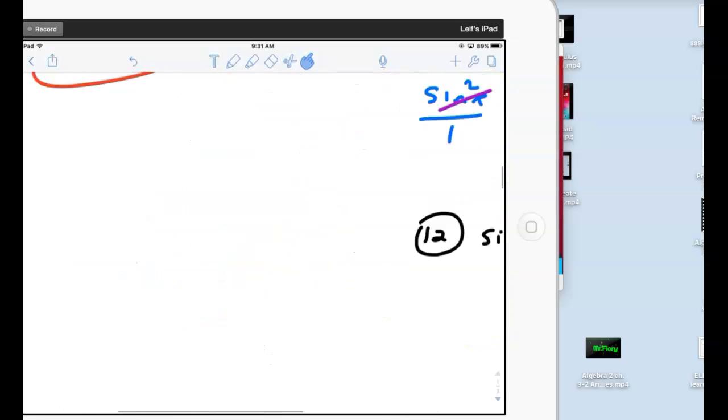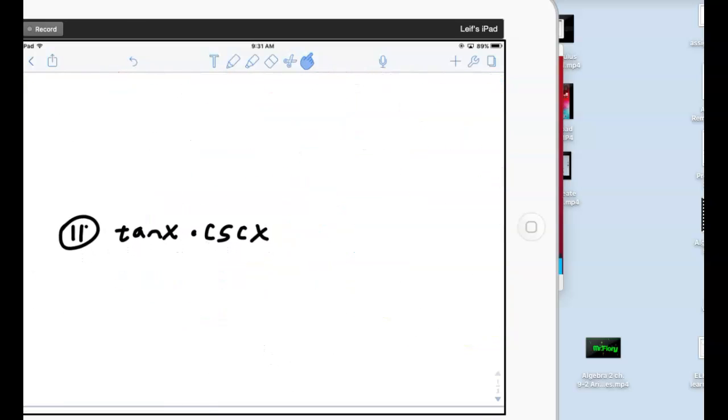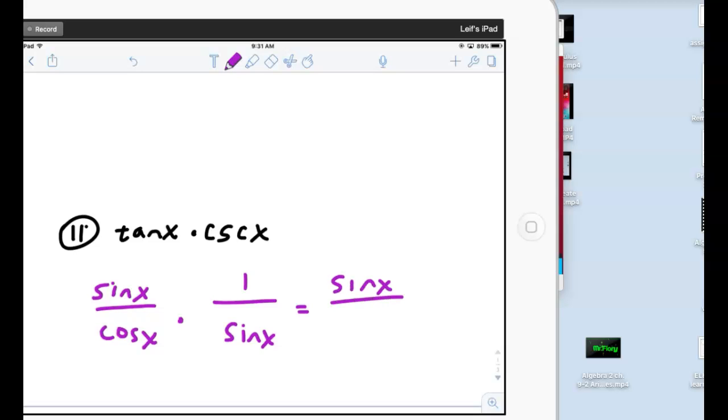Okay. Number 11, tangent times secant. So tangent is the sine over the cosine. Cosecant is the inverse of the sine, which means it's 1 over the sine of x. So now if I multiply those together, I get sine of x over the cosine of x times 1 over the sine of x.